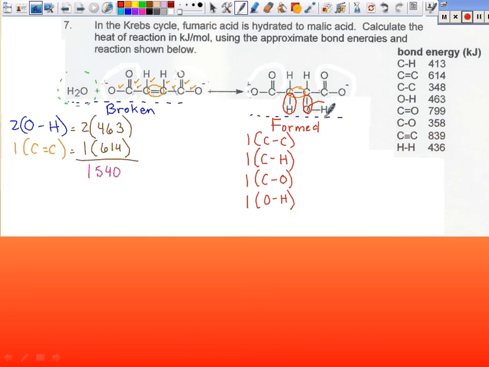So what is one CC bond? All right, so 1 times 348. And 1 carbon-hydrogen bond, 413. 1 CO bond, 358. And then 1 OH bond is 463.